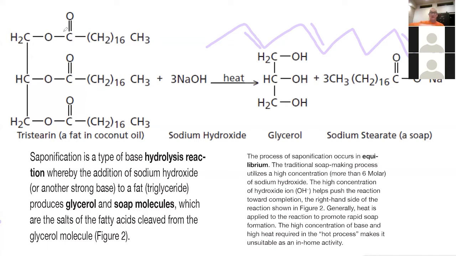And so instead of having a long chain that can basically flop around and take whatever shape you want, these kinks are put in it, basically bending these fatty acids and making it more difficult to stack these chains on top of each other.